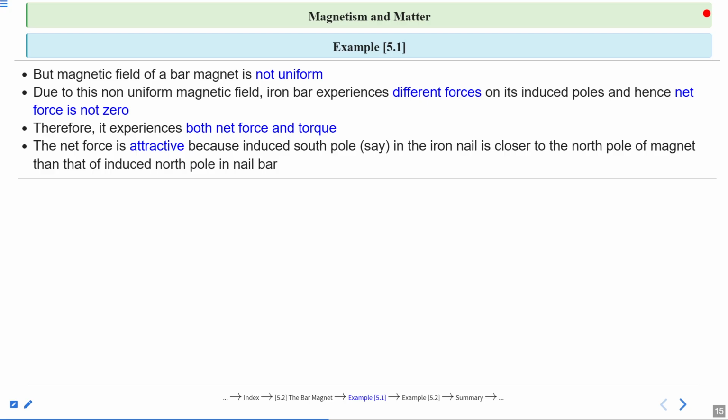So it will attract the iron nail, and both net force and torque are acting. Understood?